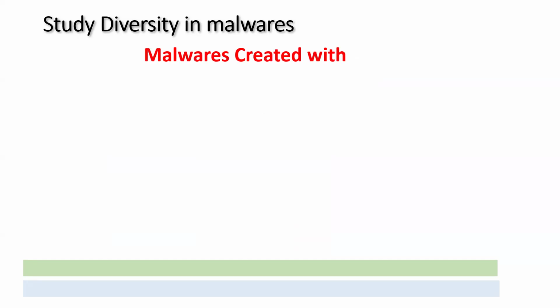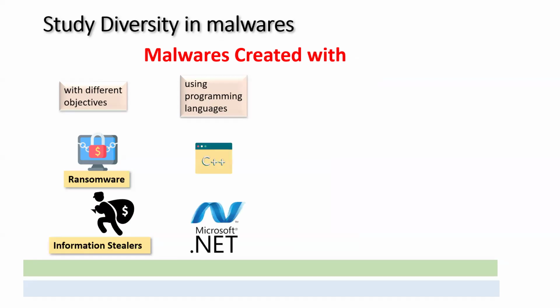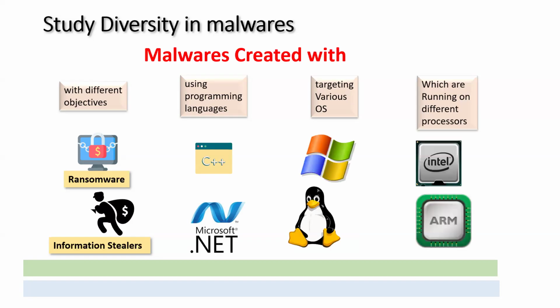So malwares today are created with different objectives, like they have objective of extracting ransom, they have objective of stealing information, and these malwares are created using different programming languages like VC++, Microsoft .NET, and the malwares are created with the objective of targeting various operating systems like Windows, Linux, which are running on different processors like Intel or ARM.